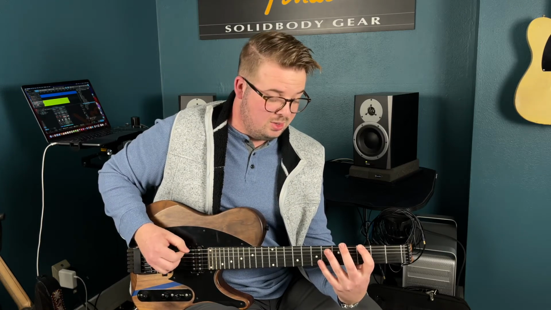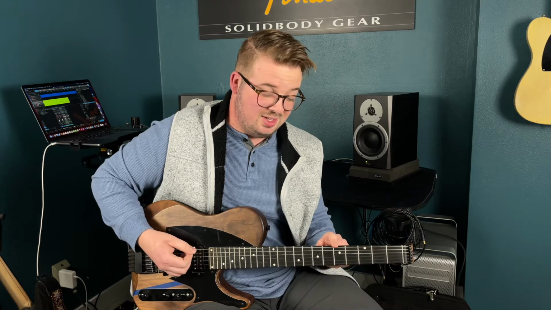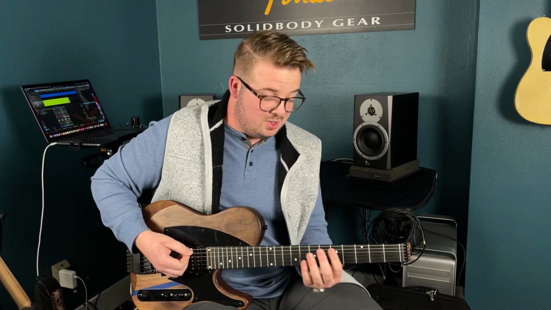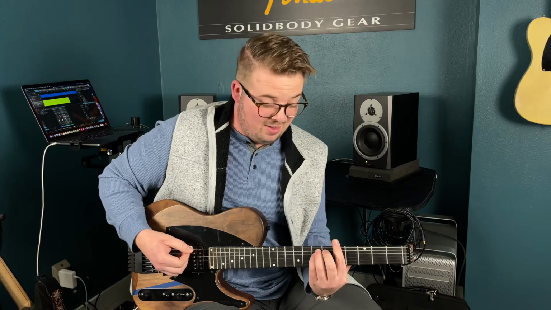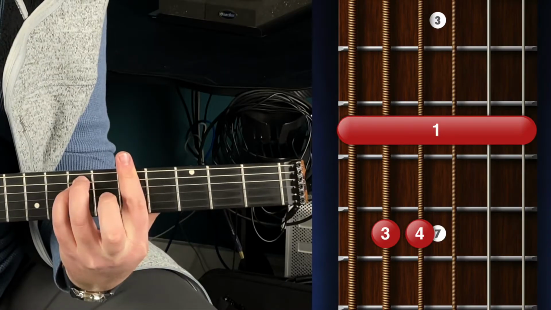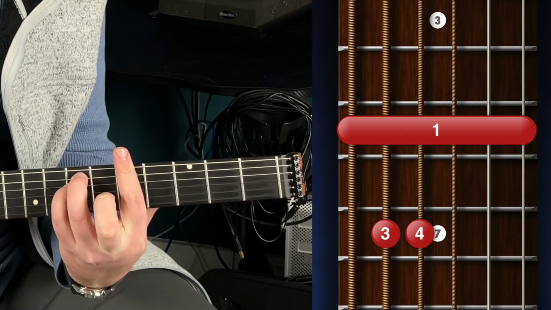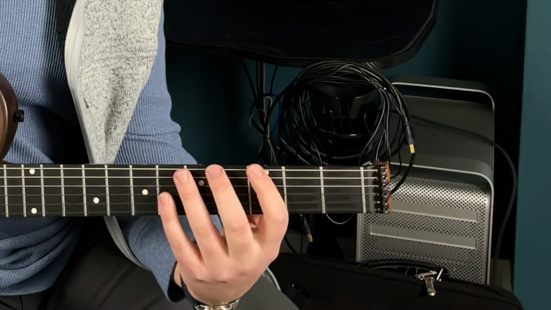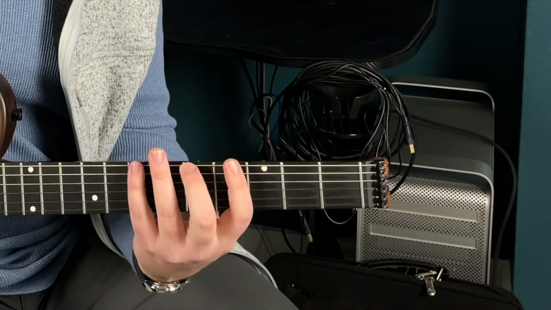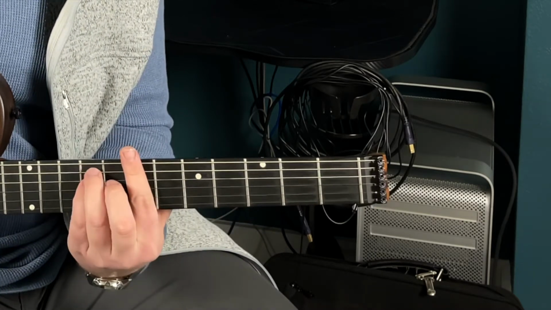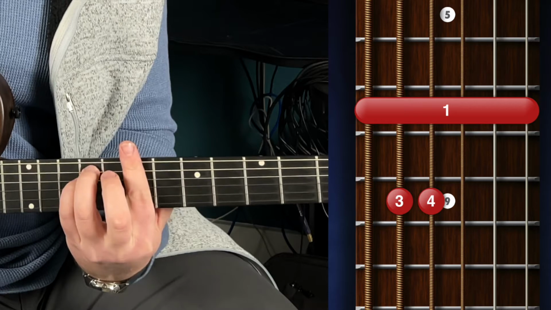So 2 is just our second note. 1, 2. That's an A note, right? So 2s are minor, so we have A minor. Right? A 3 is a minor. So we have 1, 2, 3. Right there. So it's a B minor.